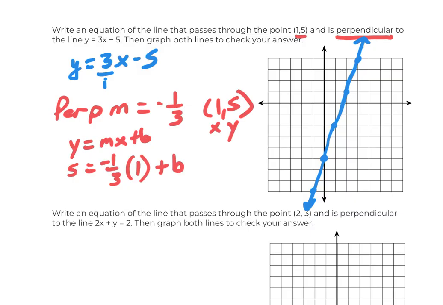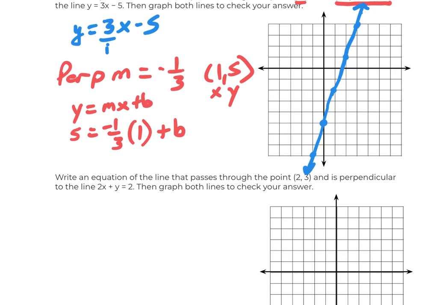If I take negative 1/3 times 1, it still is negative 1/3. How do I get b by itself now? Add 1/3. And oh my gosh, we're going to get a b value that's a fraction. End of the world, right?